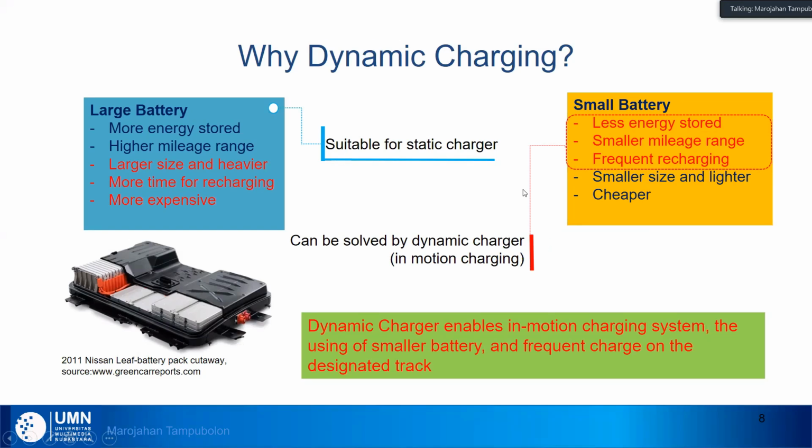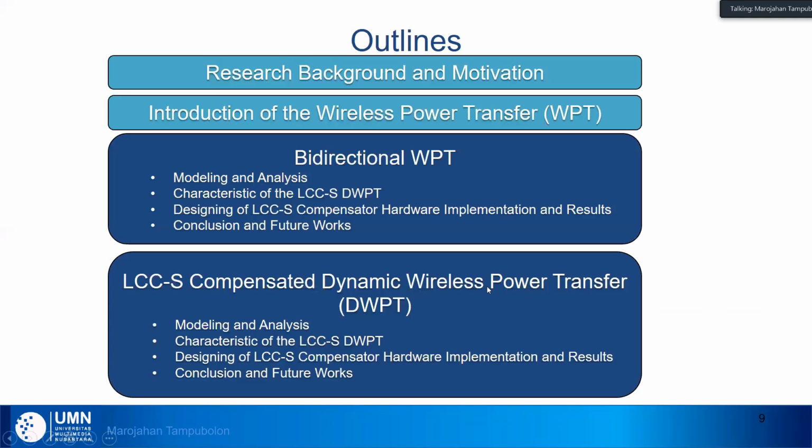And the problem of the small battery can be solved by using dynamic charging, because during the time when the EV or other technology is working, they can also get the power from the charger. So that's about the research breakdown.